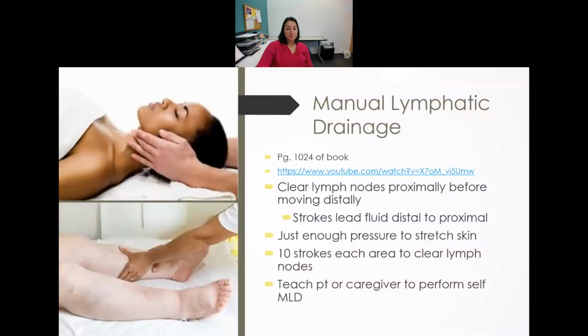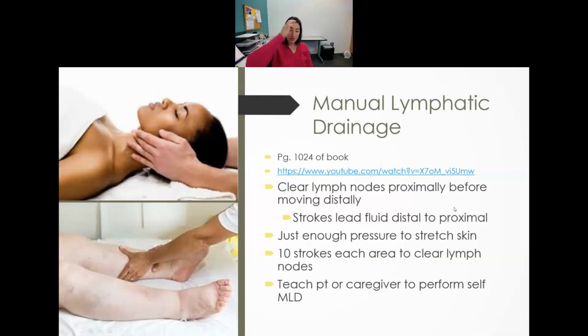Manual lymphatic drainage. This is something that we as physical therapists can do in order to increase the fluid flow, decrease it backing up or accumulating in one area. So it is a manual technique.